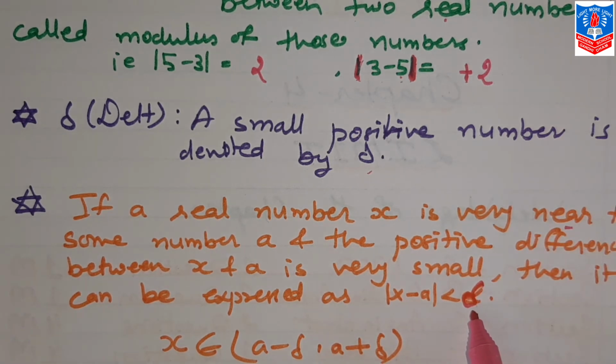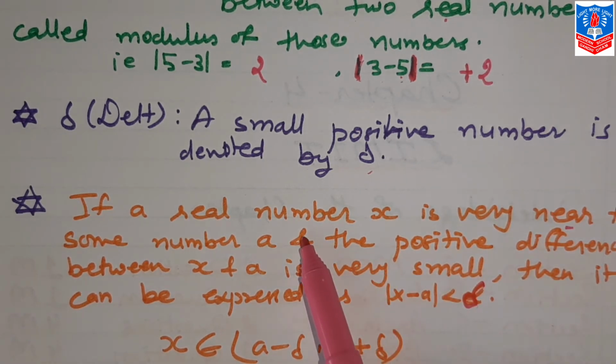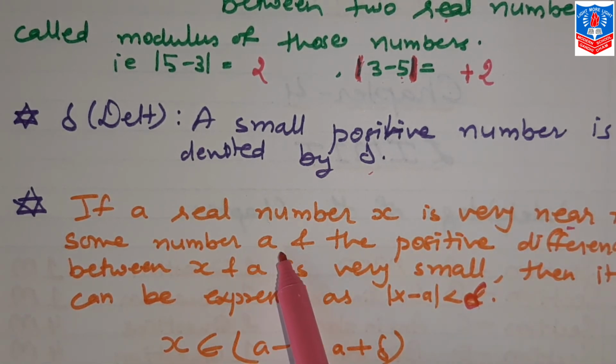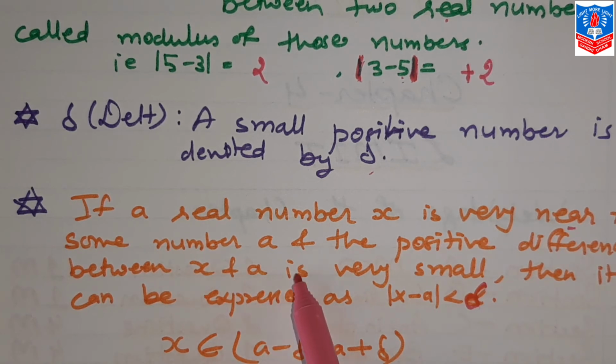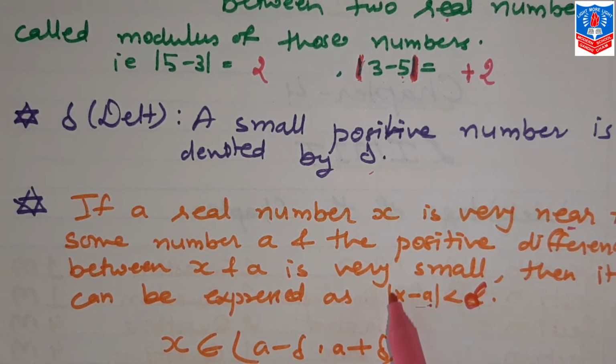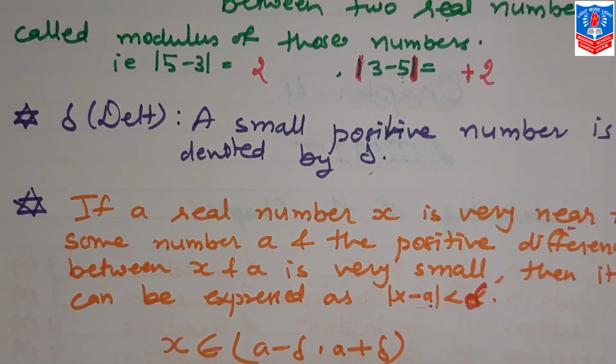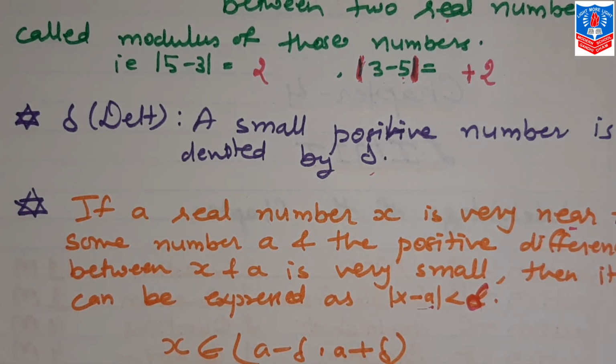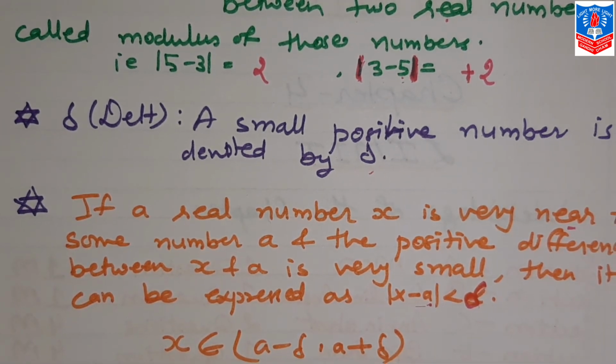So a real number x, which is very near to some number a, and the positive difference between x and a, the difference between the two, but positive, that is why it is in modulus form, is very small, then that can be written as modulus of x minus a less than delta. Here the value of x lies between a minus delta and a plus delta. This is called interval form.